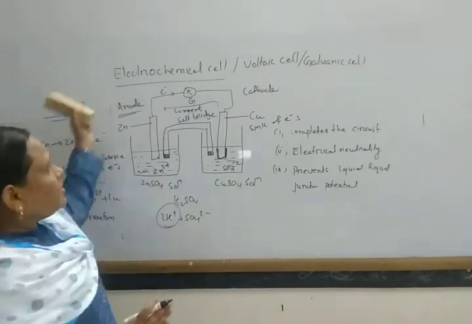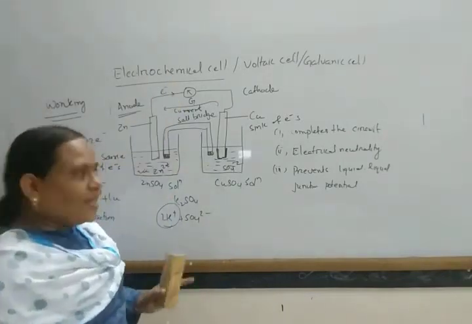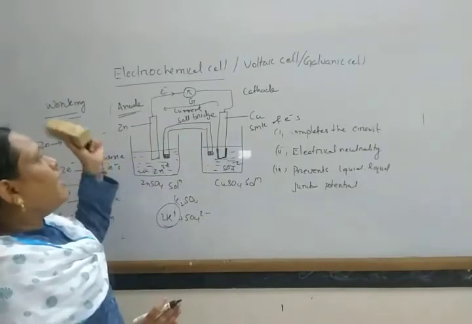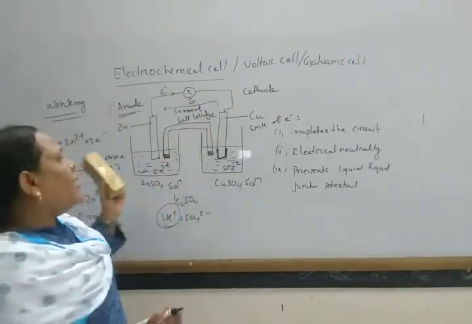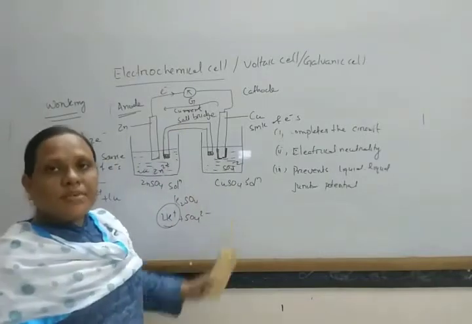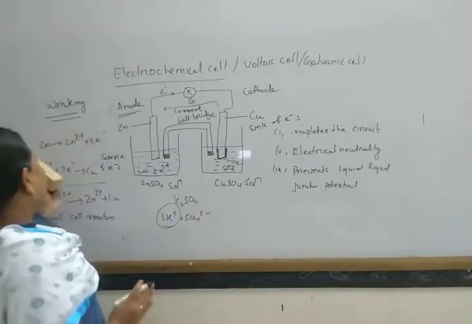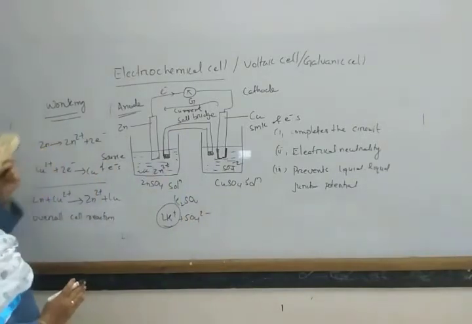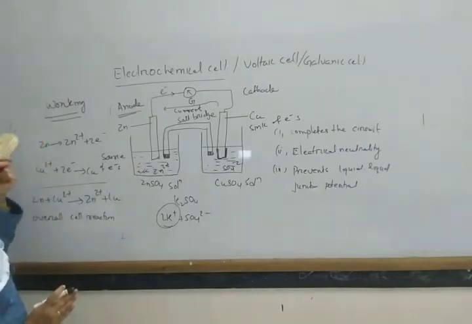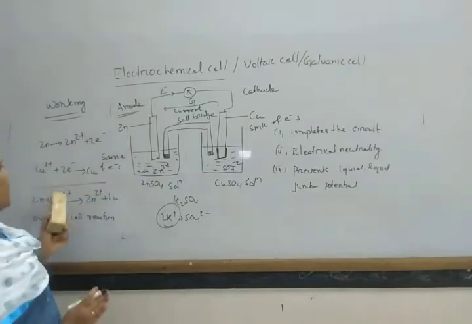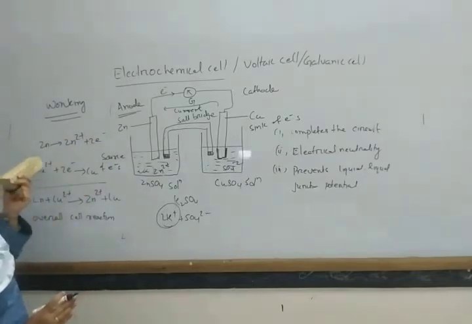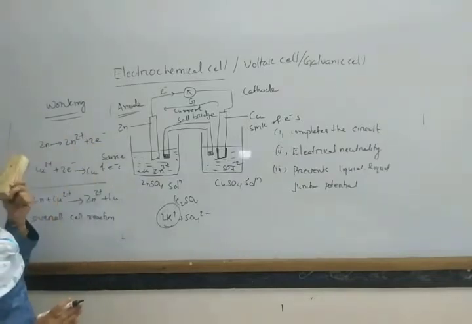So this is about the electrochemical cell, how it works, how the electron flows and how the current flows, where oxidation takes place, where reduction takes place, and what is the general cell reaction of the ideal cell. In the oxidation half cell, Zn gives Zn2+ plus 2 electrons. In the reduction half cell, Cu2+ plus 2 electrons gives Cu.